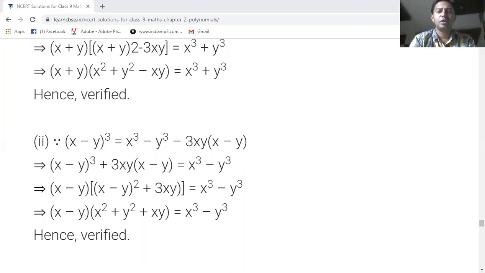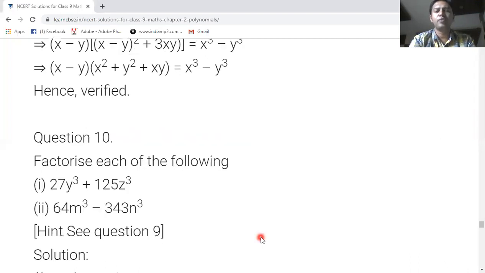Now the next question in front of us is question number 10. We need to factorize the sum of two perfect cubes and the difference of two perfect cubes. So we have the question 27y cube plus 125z cube.